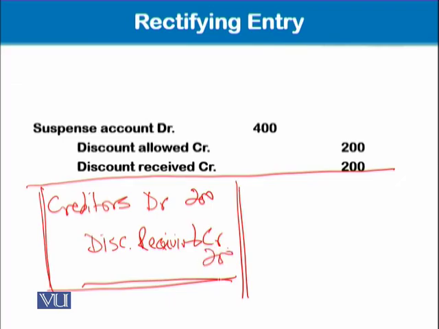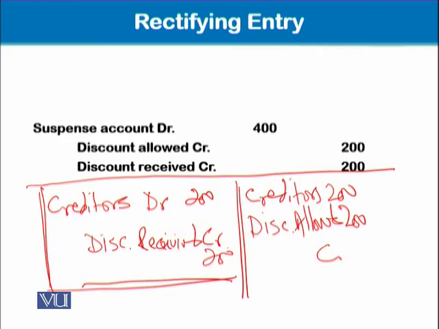Okay, so what's wrong we did? We did that creditors were correctly debited with 200, but misposting was that discount allowed was debited for this 200, so that there is nothing in the credit side.